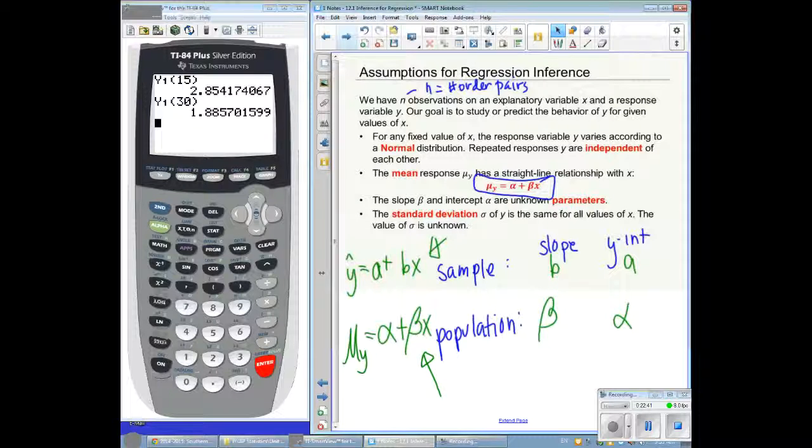And that's just notation. So beta and alpha are unknown parameters because they're describing the population. And the standard deviation, so here we're describing the mean of y, the mean response, is going to be unknown, but we're going to assume that it would be the same for each value of x.